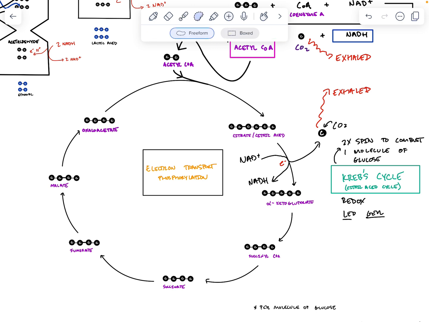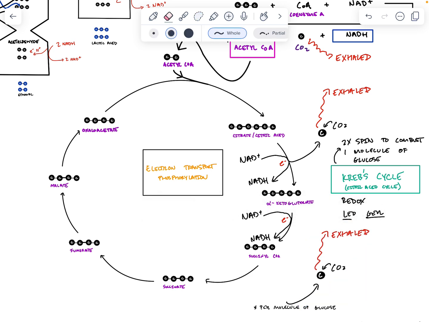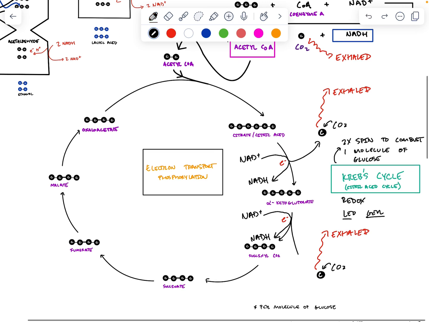Okay, the same thing occurs again. We have another redox reaction where we strip a high energy electron away from alpha-ketoglutarate, and we produce another molecule of CO2, which will eventually be exhaled.